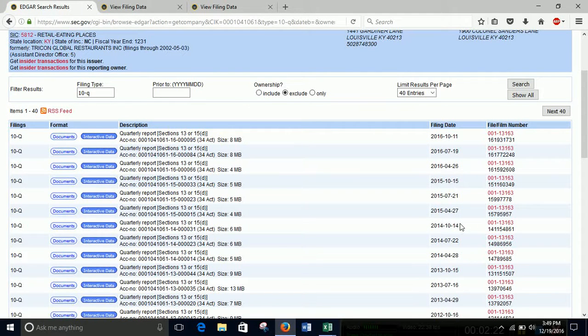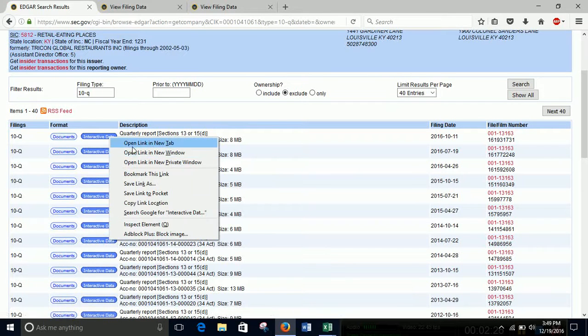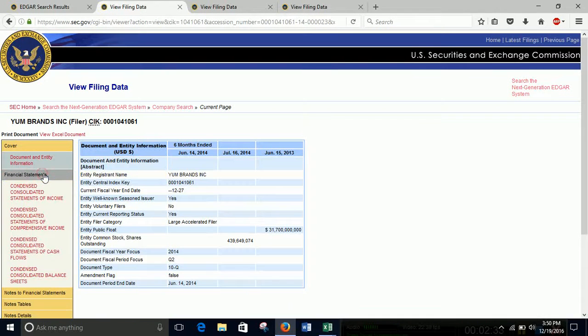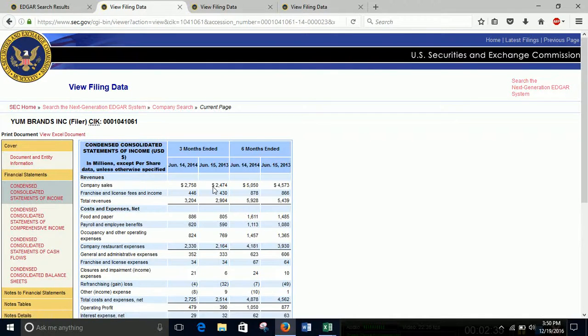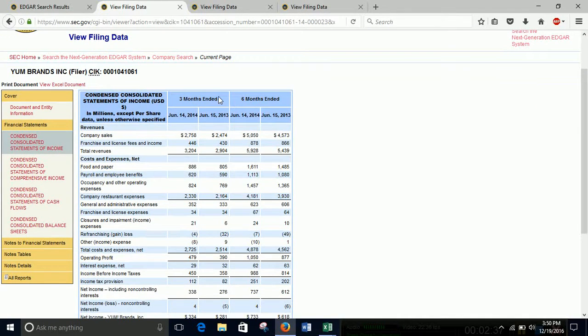So Q2 is right here. Financial statement, statement of income. And they give both 3 months and 6 months ended. If they don't give you 3 months ended for June, you'll have to take 6 months ended for June here and back out the first quarter.